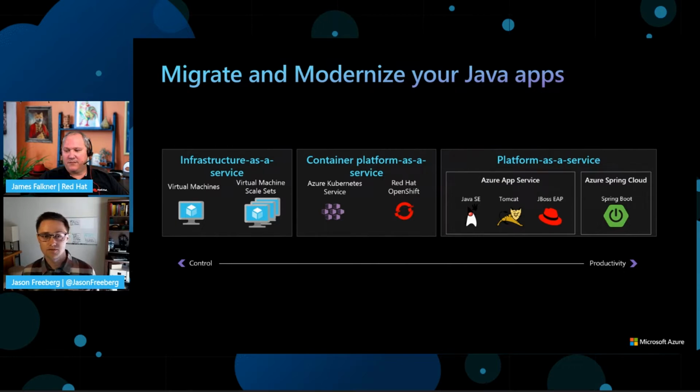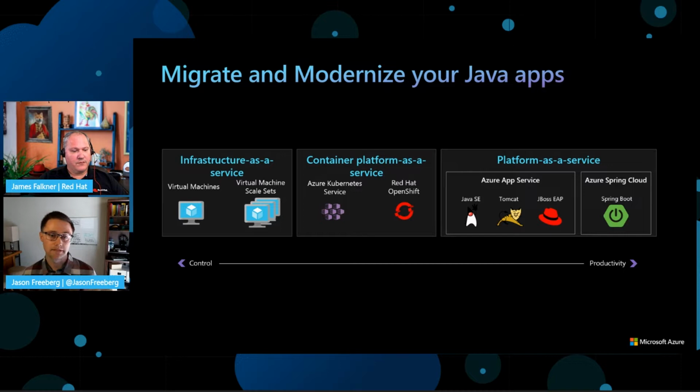As you might assume, there are a lot of options for hosting and running your Java applications on Azure, and it all depends on where you want to land on the control to productivity spectrum. Of course, Azure has infrastructure as a service. You can use virtual machines on Azure or virtual machine scale sets to host your Java applications. If you're not familiar with that term, virtual machine scale sets is an infrastructure as a service offering that allows you to scale your applications out to thousands of VMs.